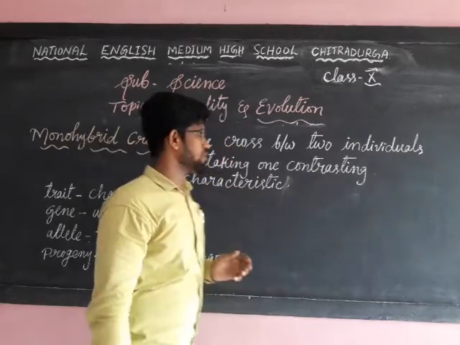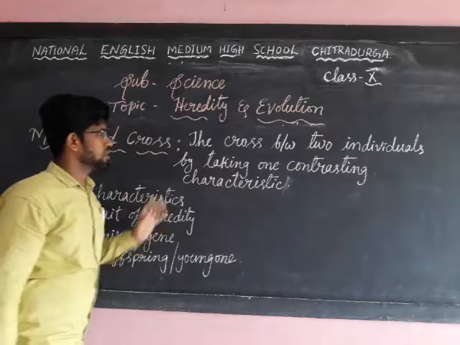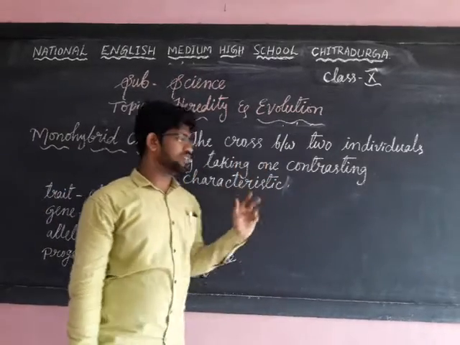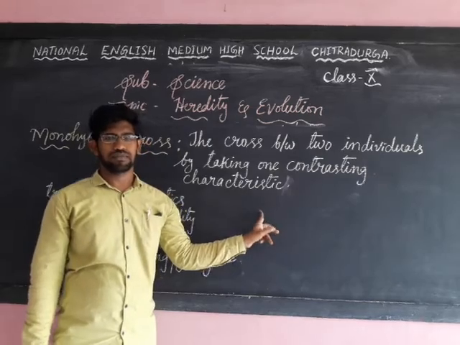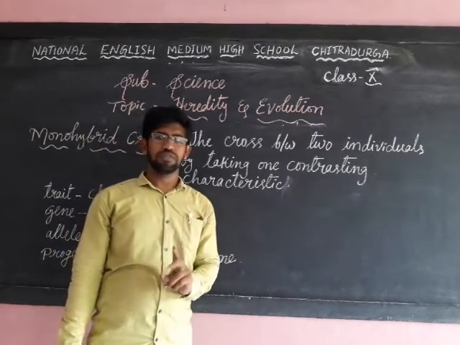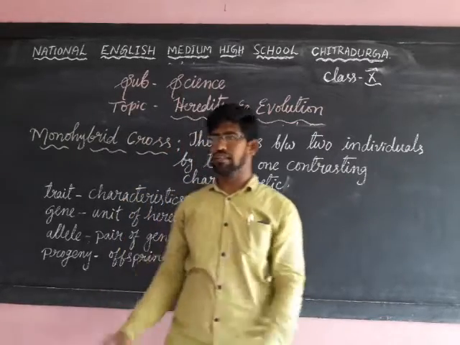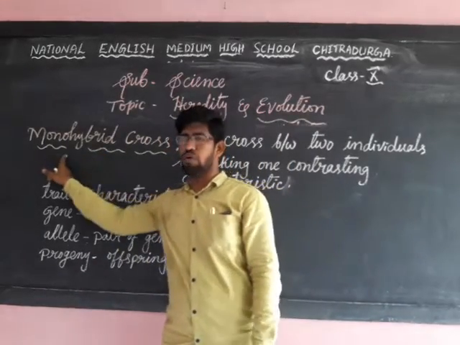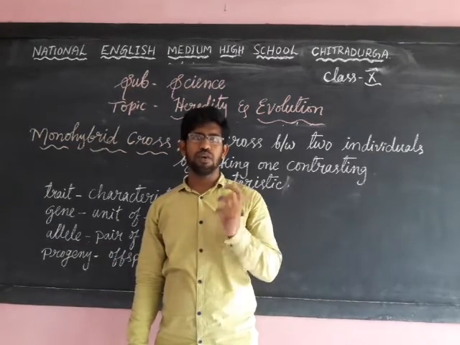Okay, come to the monohybrid cross. What is a monohybrid cross? The cross between two individuals by taking one contrasting characteristic. Remember, the cross between two individuals by taking only one characteristic. That's why, the name itself indicates mono. Mono means one contrasting characteristic.